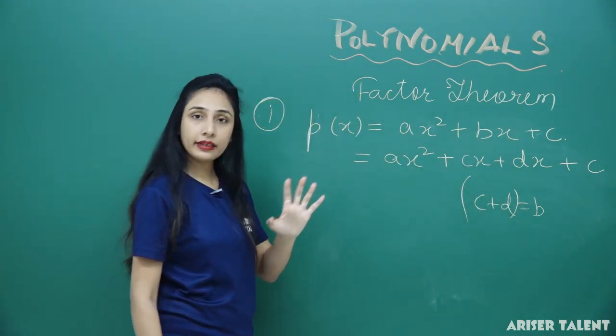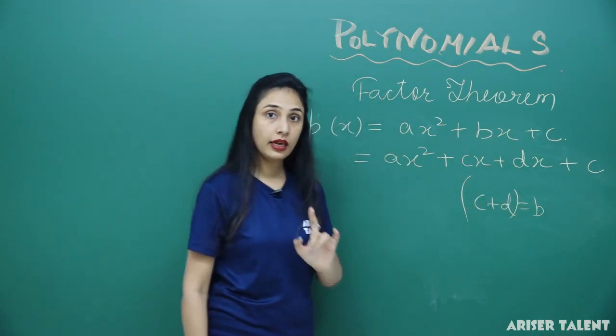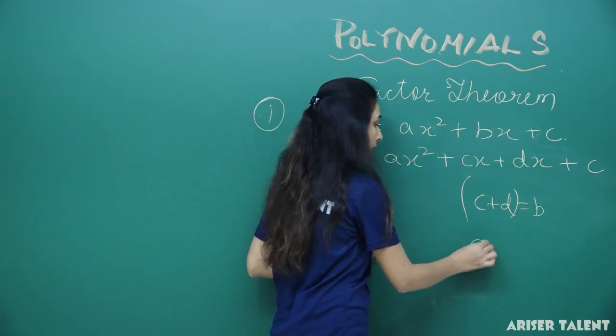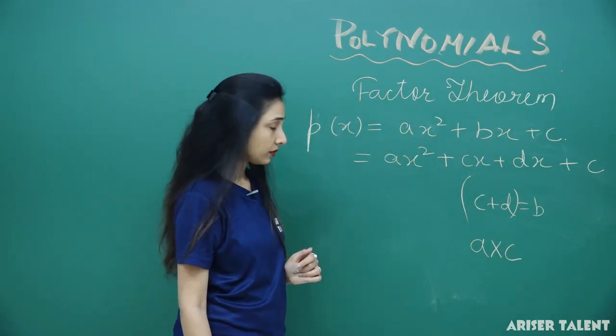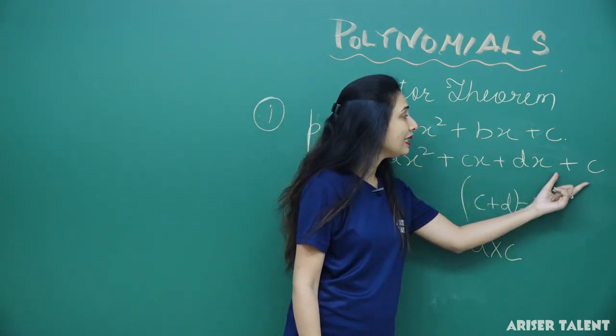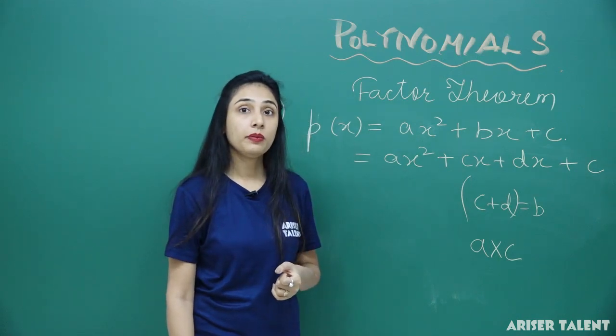So, I have bifurcated in such a way that c plus d equals b, and also a multiplied by c, when I multiply these two, we are having some b here.